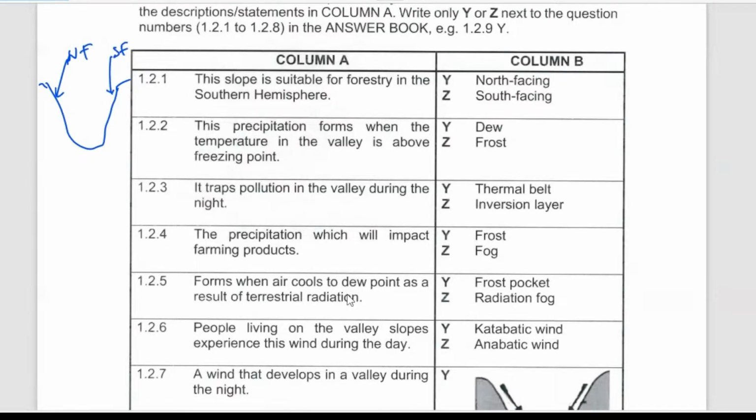Because of the position of the sun, mainly during the winter season, the sun is always lower in the atmosphere, implying that this part of the slope is the one that receives insolation, which is our north facing, while this part here is facing away from the sun. So when you're talking of forestry in this instance, we know that our forestry requires the cooler part of the slope. So our correct response is south facing.